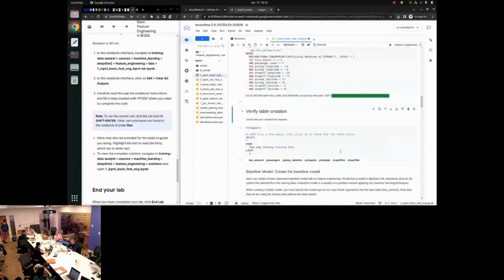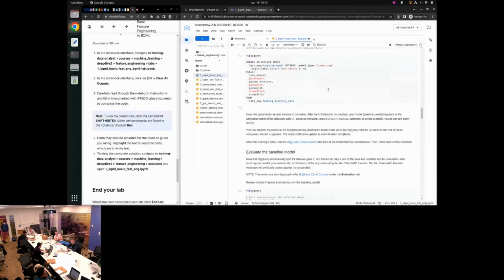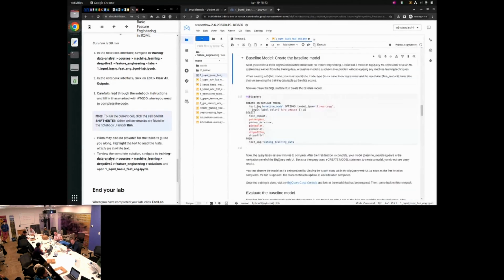Obviously it checks whether this table is correctly downloaded, and then generates the base model based on the data that you collected. So you are creating a model from your feature engineering data set. You are calling it base model.